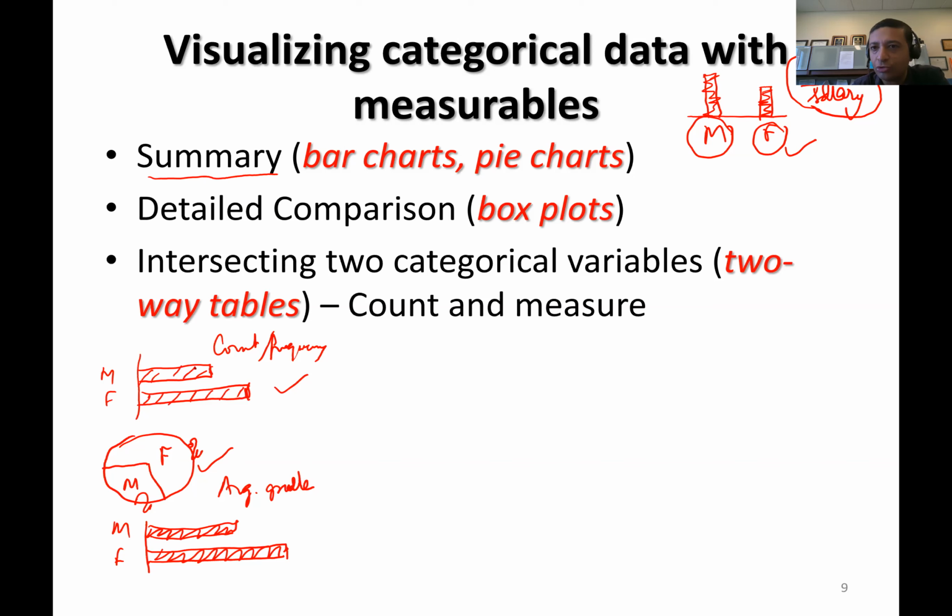That can be of count, that can be of a certain measure corresponding to that specific cluster or classification, and it has to be a summary measure. So it can be an average, it can be a median, and so on and so forth. And we'll talk about summary measures later on in this learning module. So that's one way of visualizing categorical data. What if I want to get some more information, let's say, on grades between males and females?